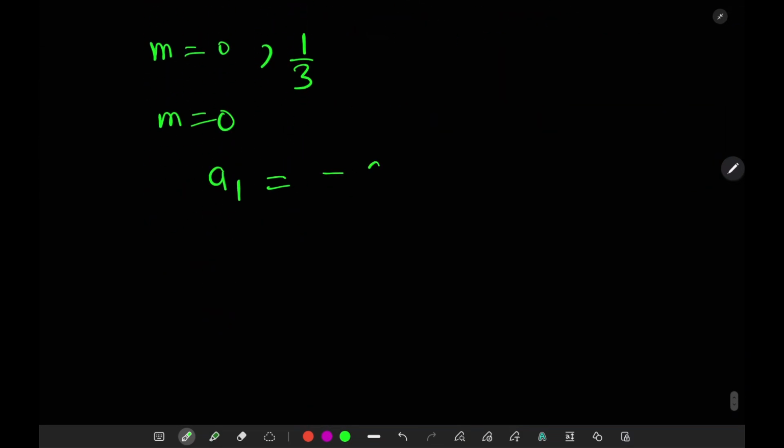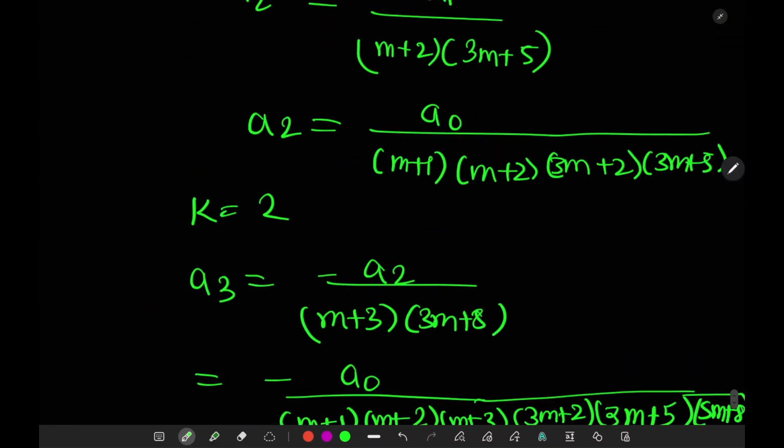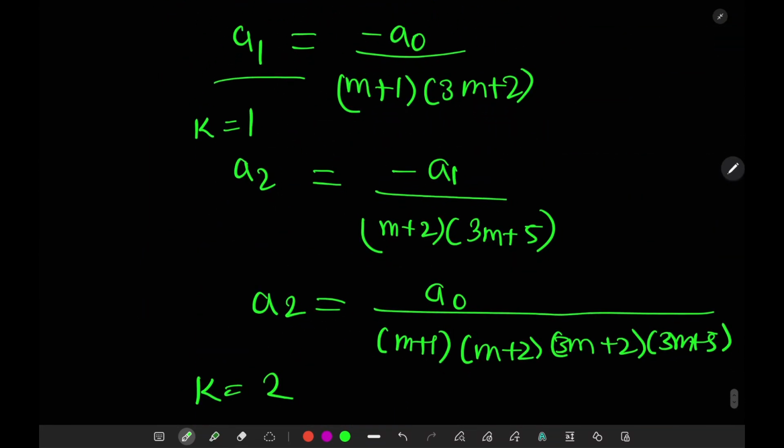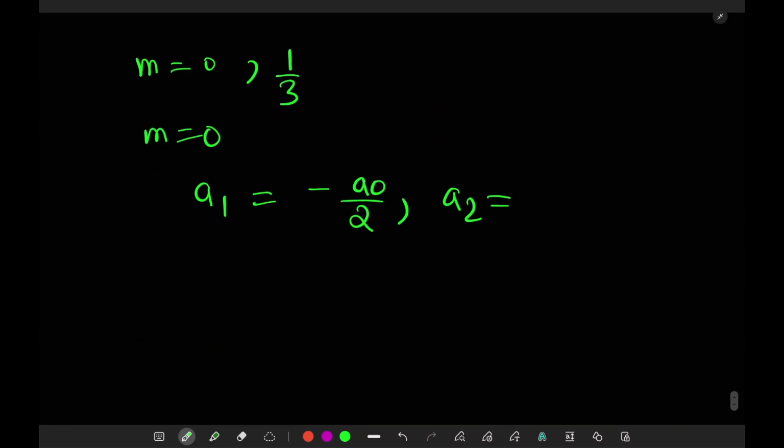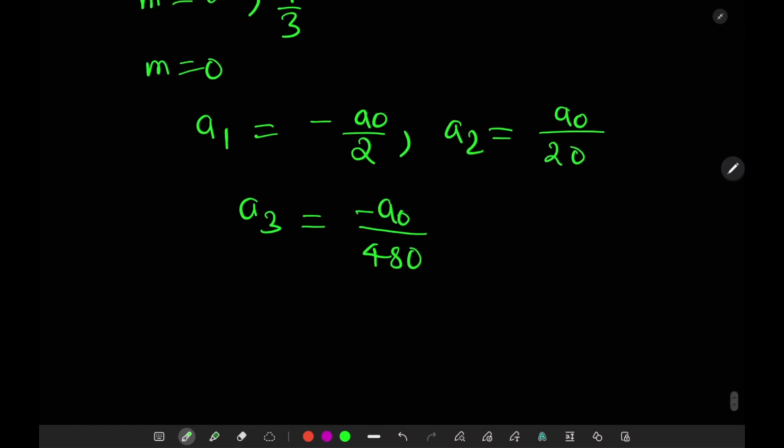So a1 is equal to minus a naught by 2, and similarly for a2, m equal to 0, so a2 is equal to a naught by 20, and similarly for a3, we can write here this.